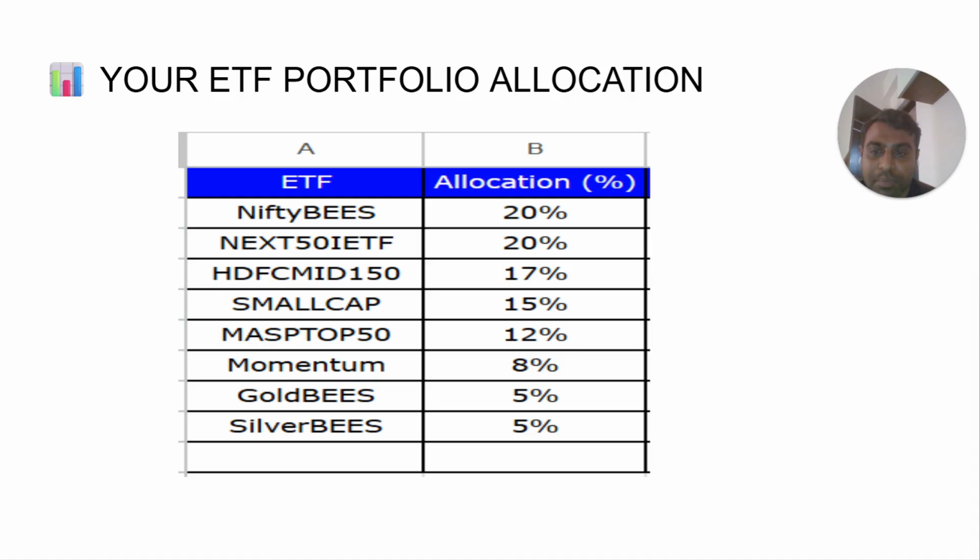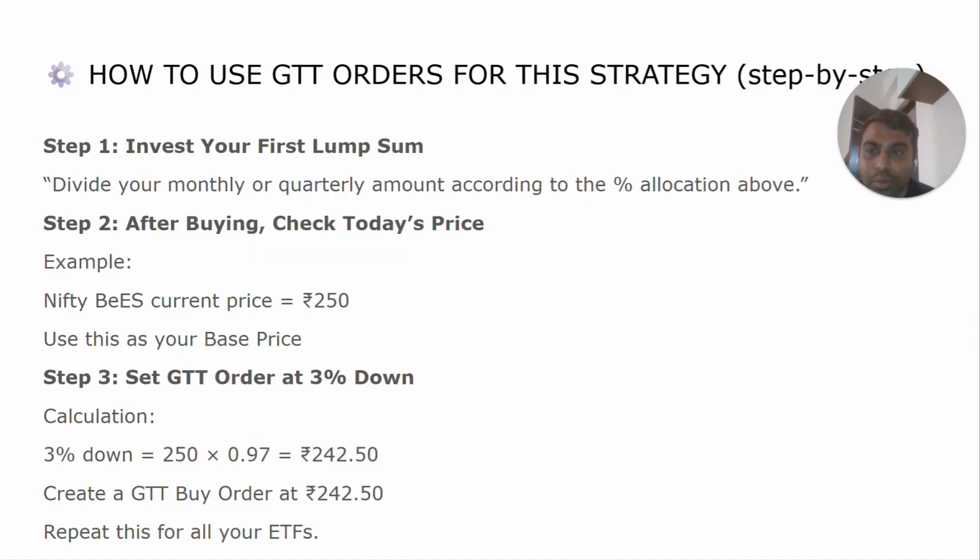This is a Nifty Bees ETF. This is a Nifty Next 50 ETF. This is a HDFC Mid 150 ETF. This is a small cap. This is a top 50, the S&P top 50 companies. This is a momentum ETF, this is Gold Bees, and this is Silver Bees. So this way we can allocate our portfolio.